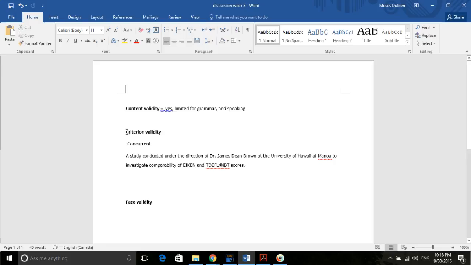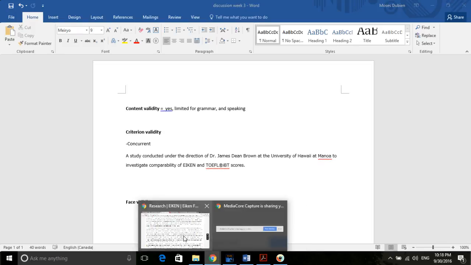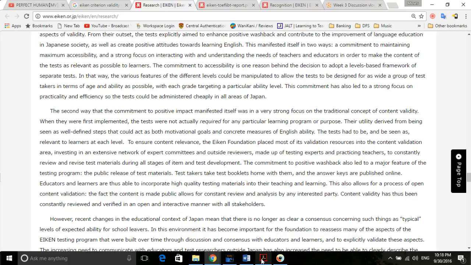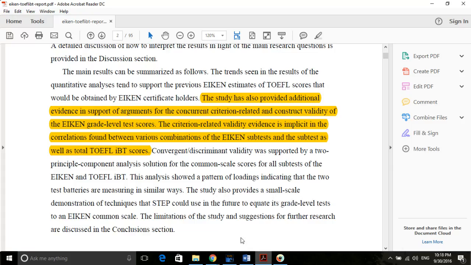The next part is criterion validity, and the one that I'm looking at is concurrent. And actually, there's a study conducted under the direction of Dr. James Dean Brown at the University of Hawaii, and he was looking at TOEFL, which is interesting, and he actually has an article here, I'll bring it up here.